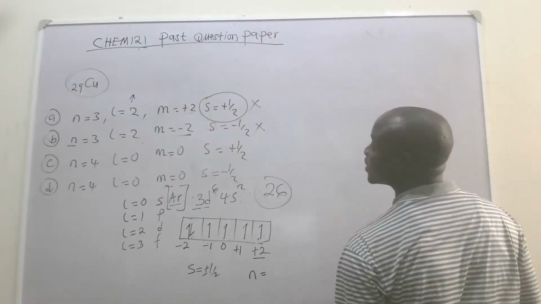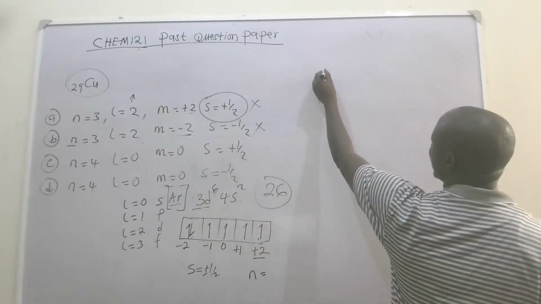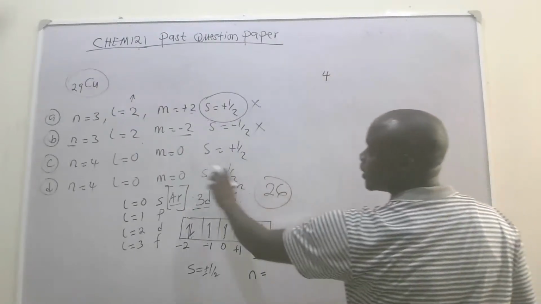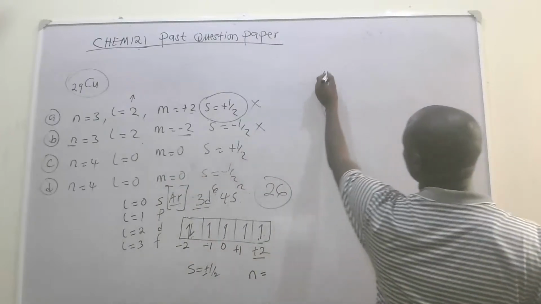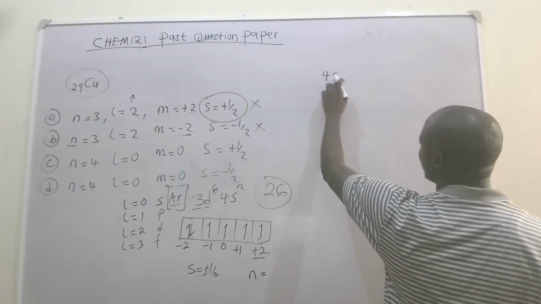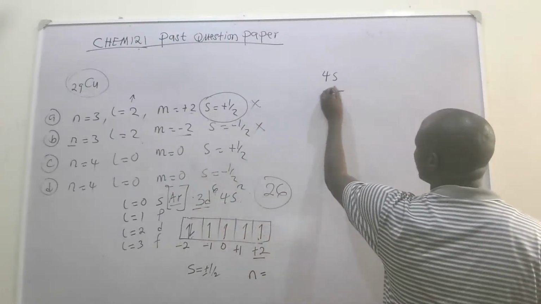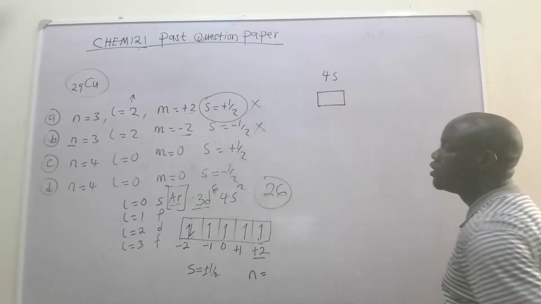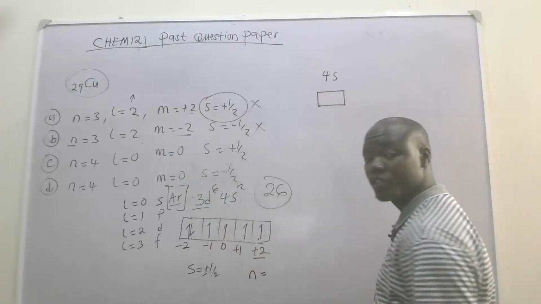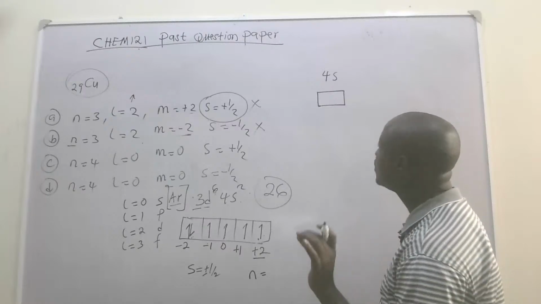So now for option C, we have 4, and then for l, the s orbital, so we have 4s, and then we have m is 0. For m, the s orbital has only one subshell.